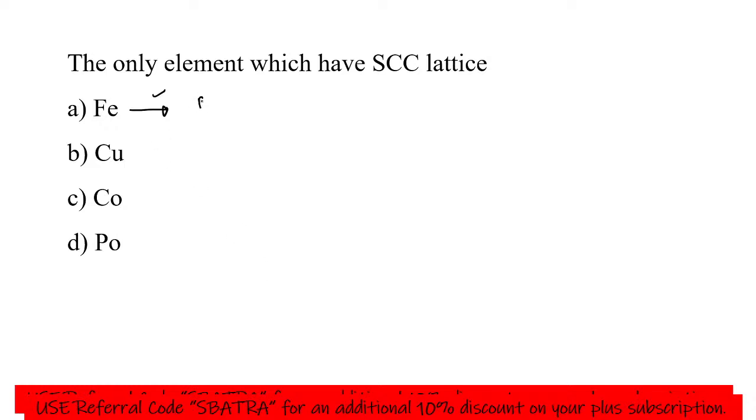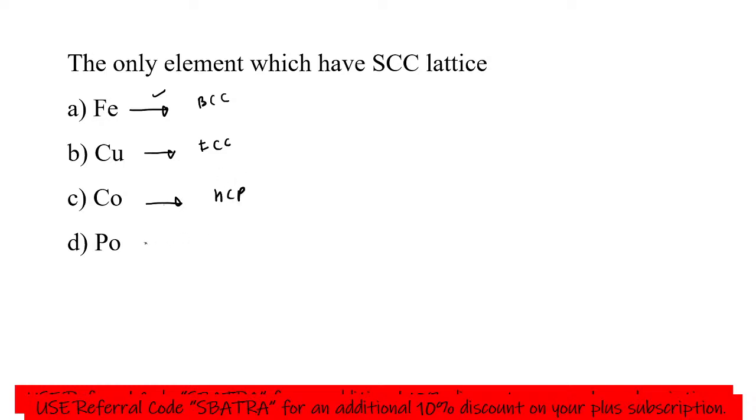Iron crystallizes in a body centered cubic unit cell. What about copper? Copper crystallizes in a face centered cubic cell. What about cobalt? Cobalt crystallizes in which type of cell?